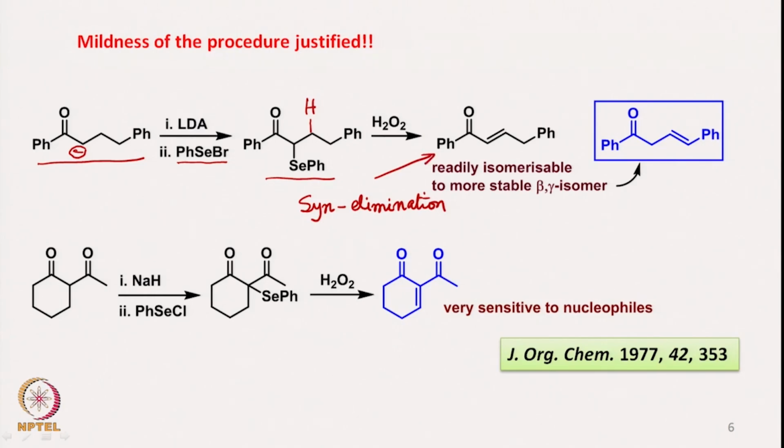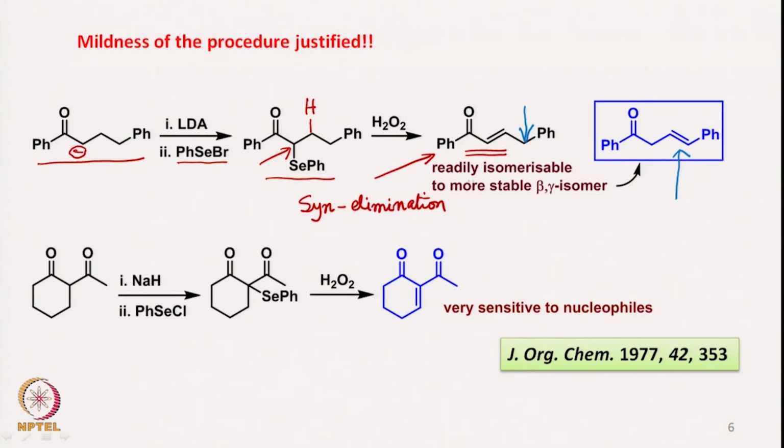As one can expect that we have a double bond which is in conjugation with the ketone, and of course this will first form because selenide was present at this particular carbon atom. However, this particular compound can also undergo easy isomerization on this side, because here now the double bond is in conjugation with the phenyl ring.